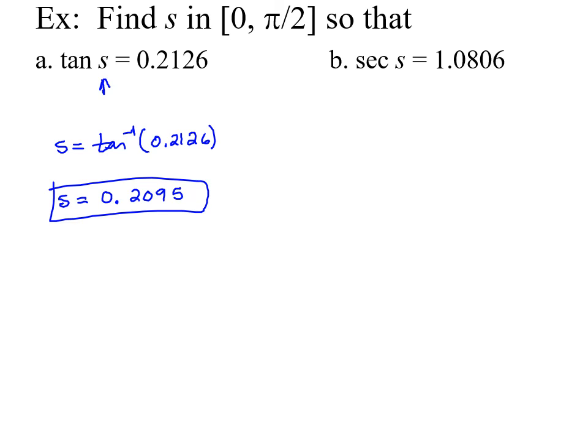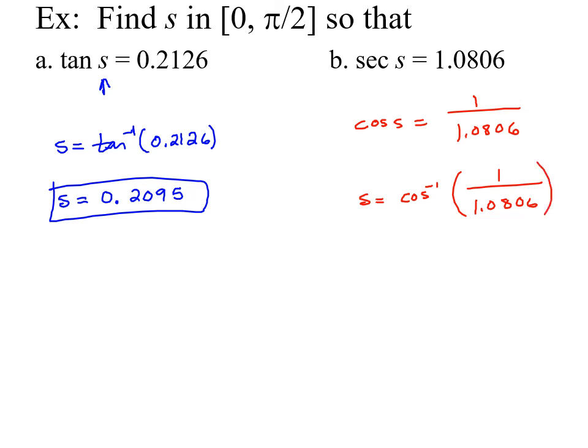Again, we don't have secant inverse on our calculator, so we're going to have to change this to be cosine of some sort. If you do the reciprocal of each one, cosine is 1 over 1.0806. And so then I can do cosine inverse of 1 over 1.0806 and type that into the calculator, very much like we did one very similar to this a little earlier.